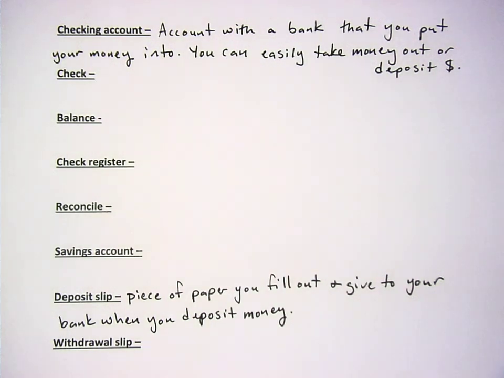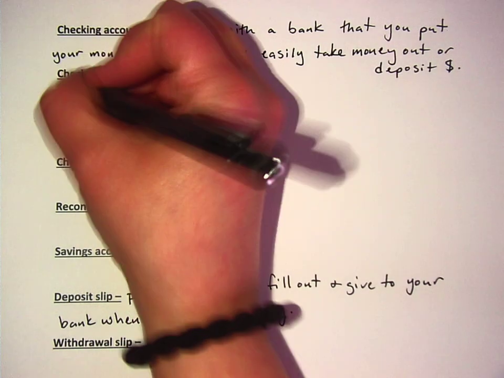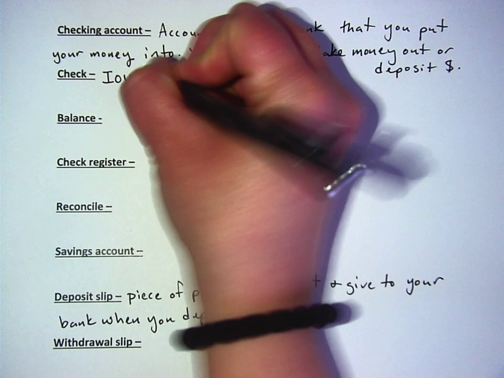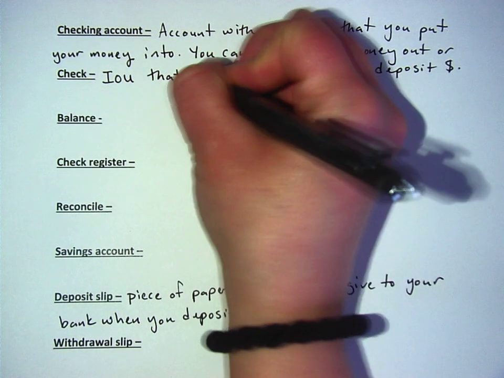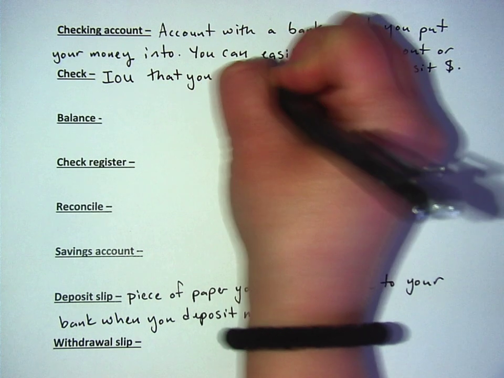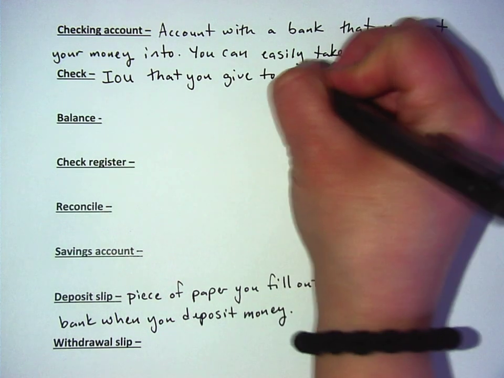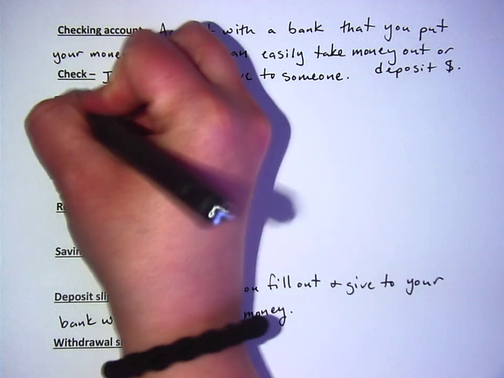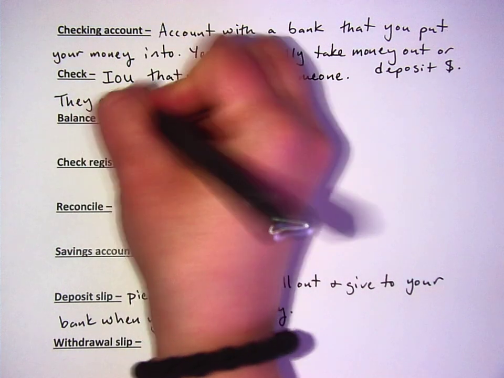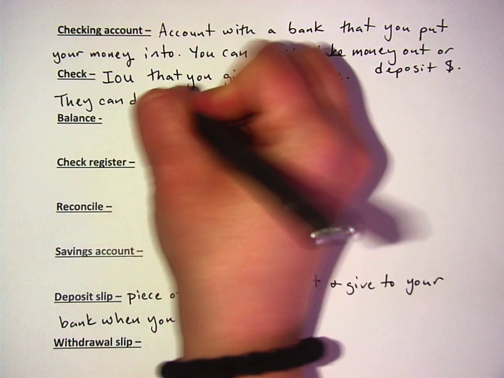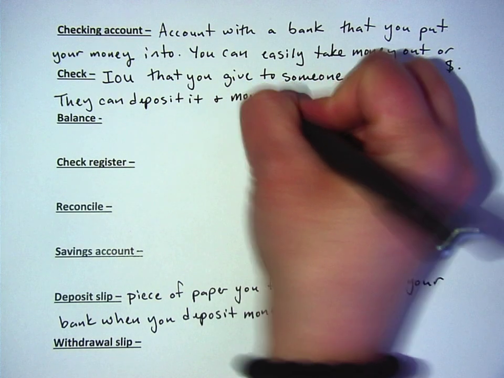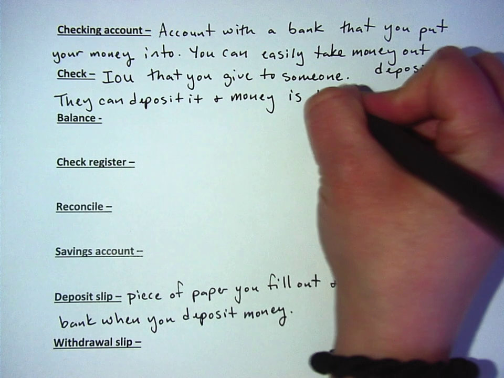And a check is kind of like an IOU that you give to somebody or a business. They can deposit it, and money is taken out of your account.